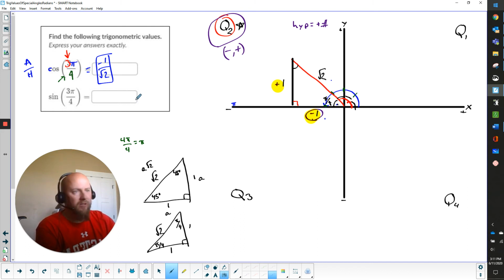There are professors and teachers and textbooks out there that never want to see a radical downstairs, and I'm not one of them. And I would say I'm starting to see it's more 50-50. It just depends what teacher or what school you're at, whether they want to see that rationalized denominator.